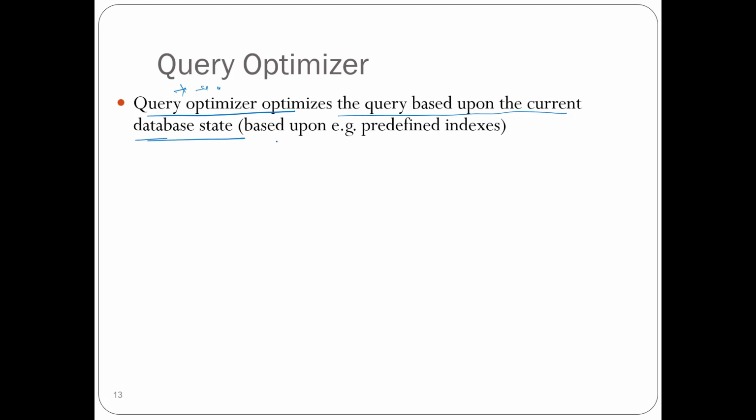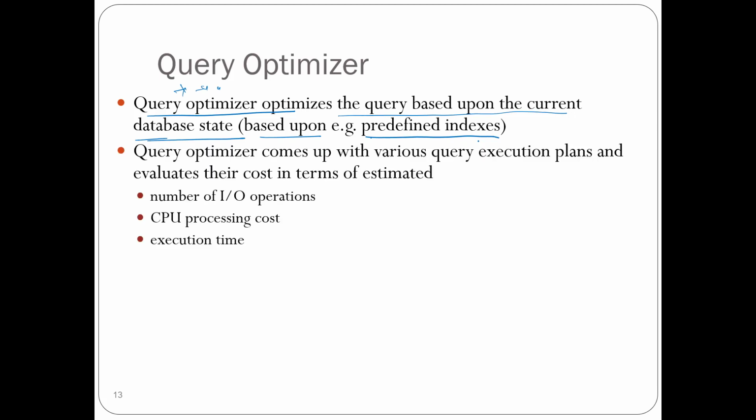So its optimization is based upon database state, which may involve the use of a predefined index for faster and more efficient access of the data. The query optimizer has another important role, which is to come up with the query execution plans. It comes up with various query execution plans and evaluates their cost in terms of the estimated number of I/O operations, the CPU processing cost, and the execution time.